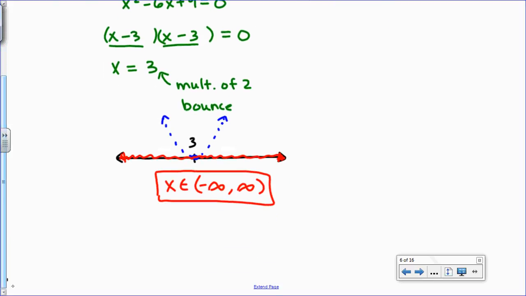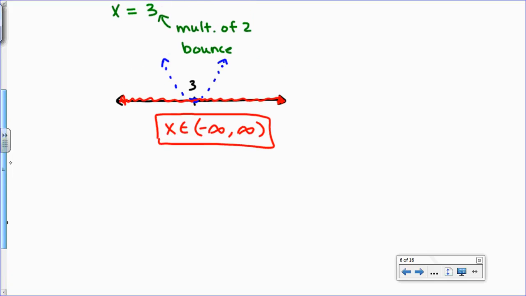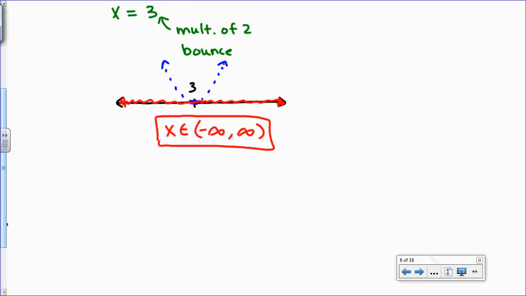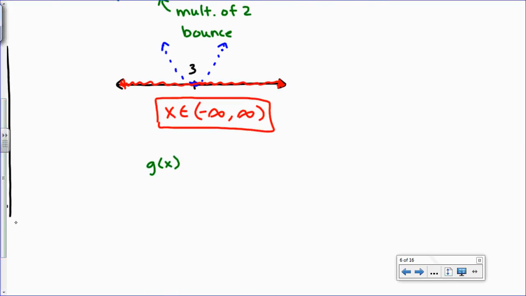Let's say though that it was you wanted g of x or t of x strictly greater, so not equal to. So if that's the case, you have an open circle here.